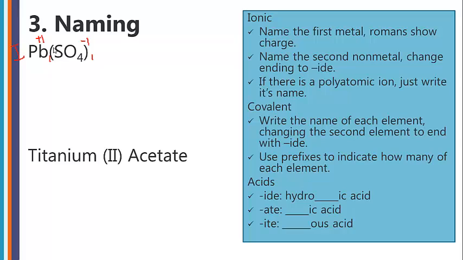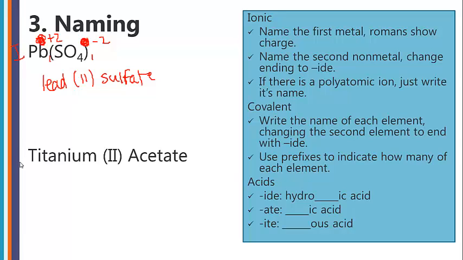That's actually not correct. If you look at the charge of sulfate, you see that sulfate has a charge of -2, which means that Pb must be +2. The reason this happens is because whenever you crisscross, you get 2 and 2, which is the same thing as 1 and 1, so it gets written as PbSO4, even though they each have a +2 and -2 charge. So this is lead(II) sulfate.